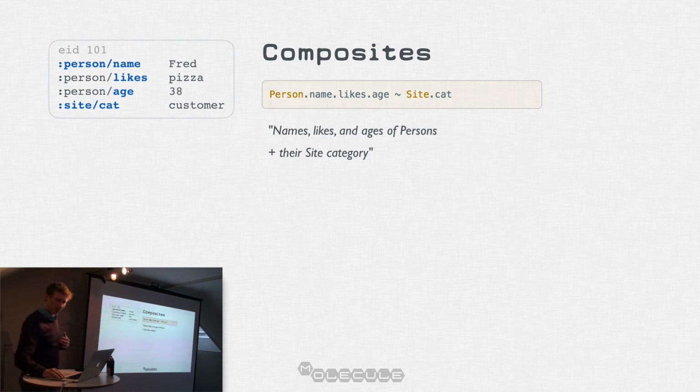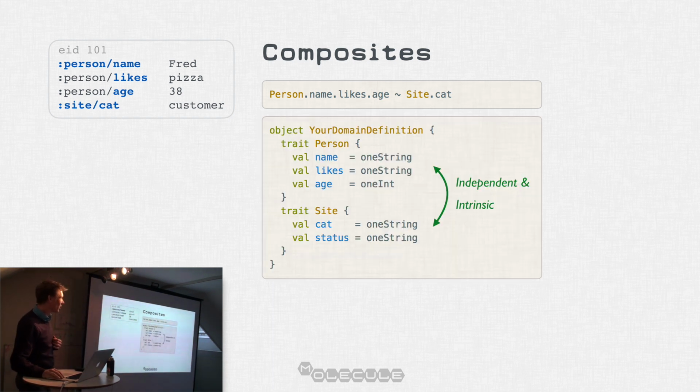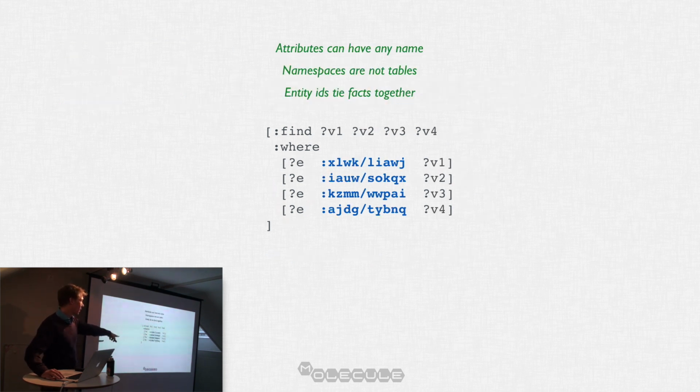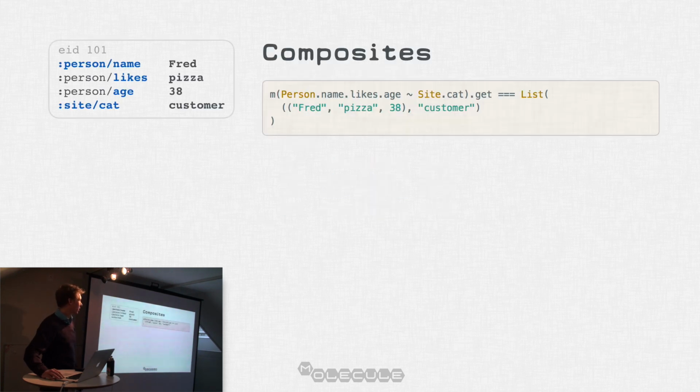So what you get is that you have the two namespaces that are independent, intrinsic both of them. They're only about what they're defined to be about. So it's still the entity IDs that tie things together, and you can call the attributes anything, right? It doesn't matter. It's the entity that ties them together.